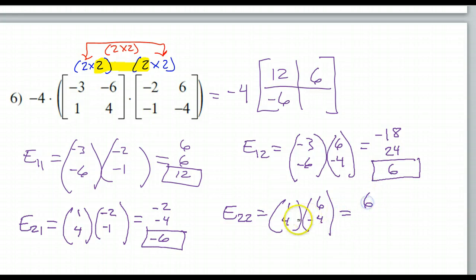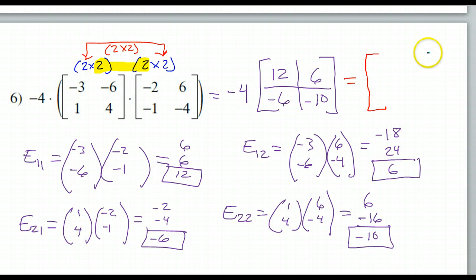That's going to give me 6 and -16, which is -10. So this will be -10. All right, so we've got this so far. Now we can go ahead and get the final answer by multiplying all of these by -4. And that is called scalar multiplication.